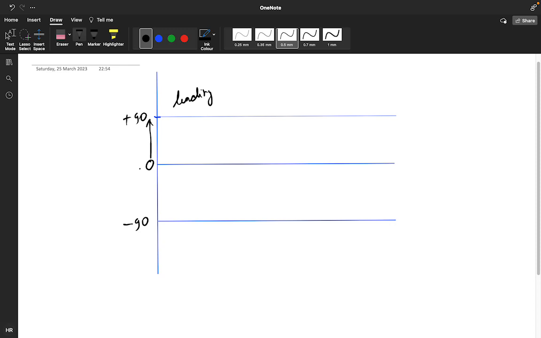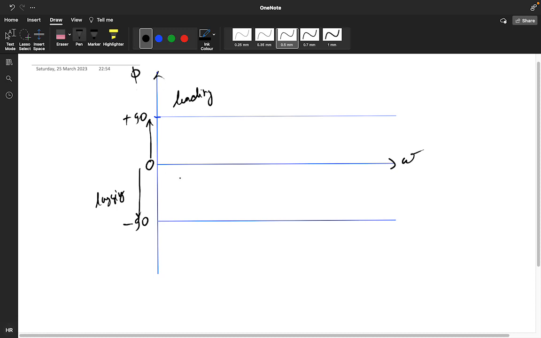If it is between 0 and a negative angle, that means we are talking about lagging. This is your omega function and this is your phi. And at omega naught, when phi will be 0, you are getting the purely resistive case, right? So the graph will come like this.